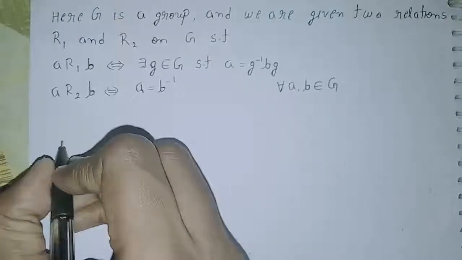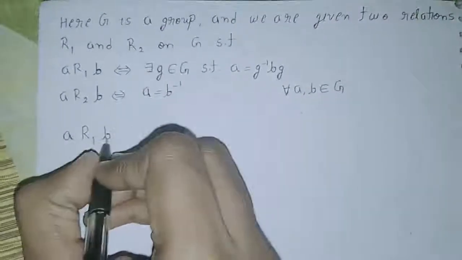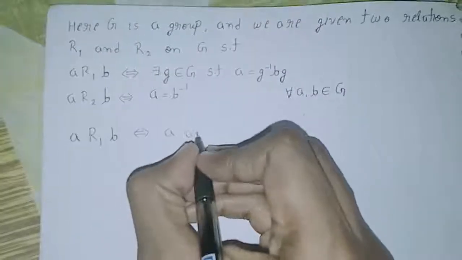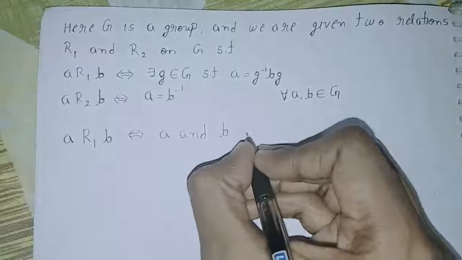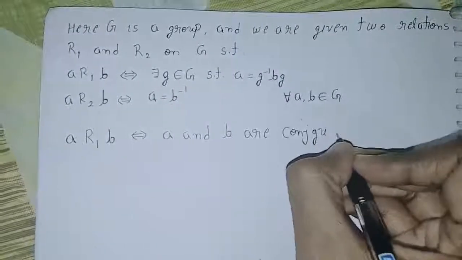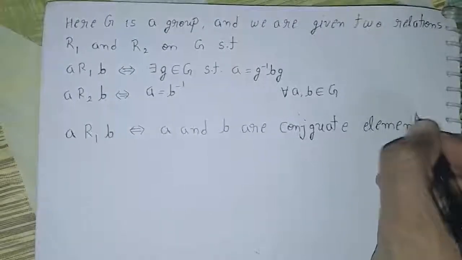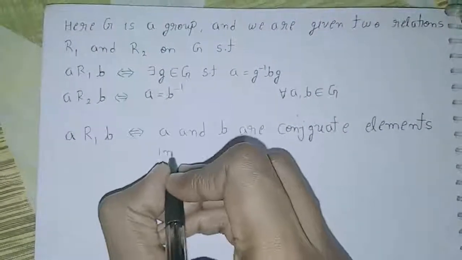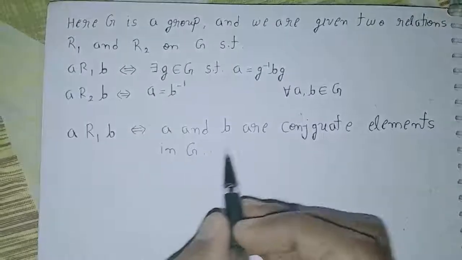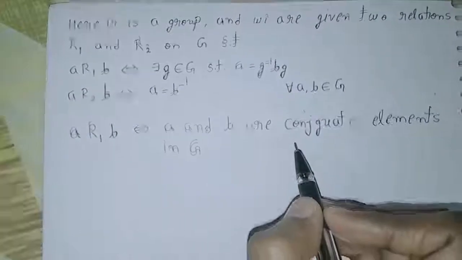So we can also write it as: A and B are related by R1 if and only if A and B are conjugate elements in G. But in group theory, for every group the relation of conjugacy is well known to be an equivalence relation.